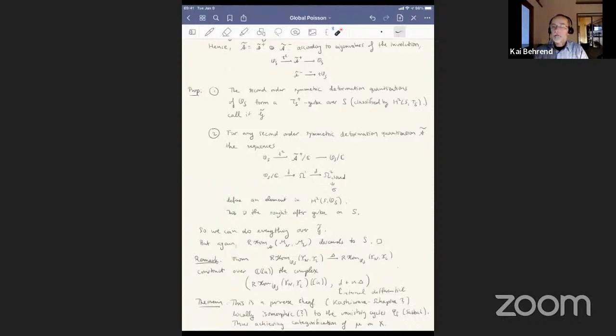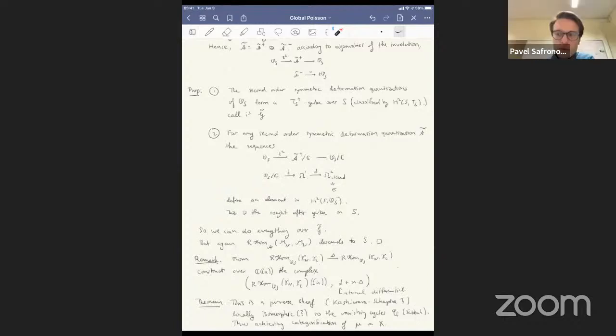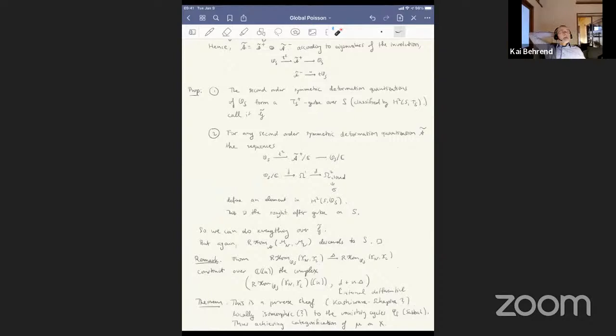I think that's how I should say it. But would you say your quantization is something different from the sheaf of WKB differential operators? So, how do I say it?